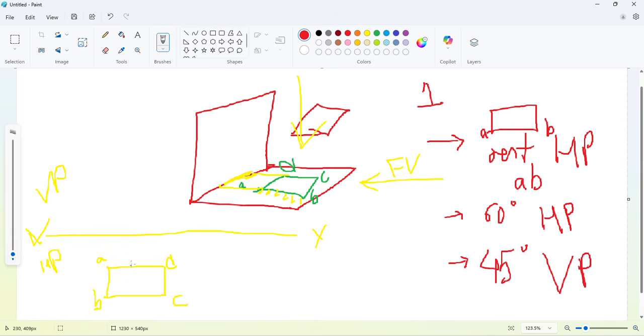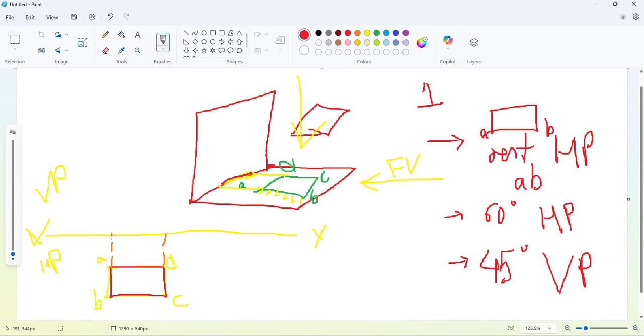Now, this is our top view, and we observe the rectangular plane which is resting on HP on one of its edges. From the top view, this is the projection which we will get in HP, and from the front, we will get this line on the reference line. We can draw the construction line from here, and you can see this projection.